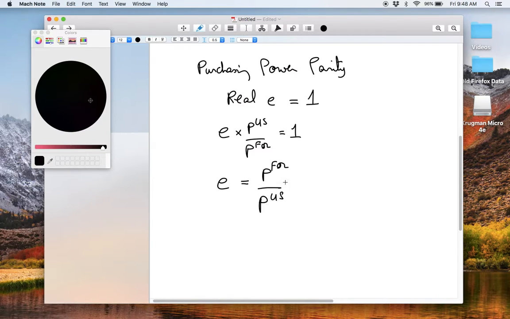So if you have a country with higher inflation, their exchange rate is going to be cheaper. Their money becomes cheaper. That was the idea of purchasing power parity. In the short run, purchasing power parity does not hold. In the long run, you trend toward purchasing power parity.